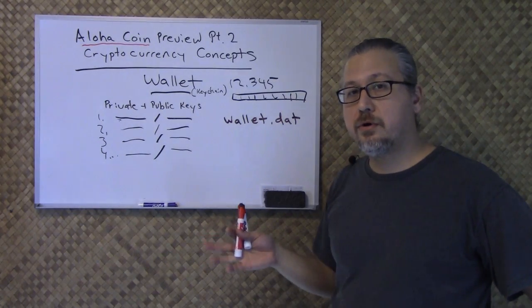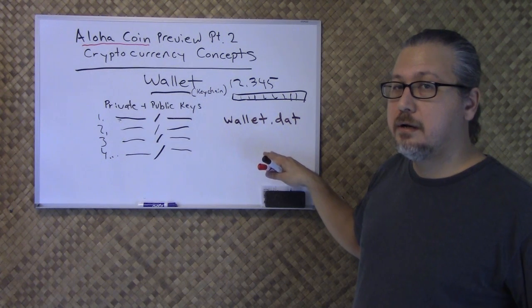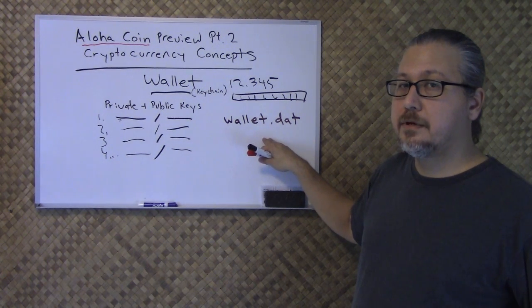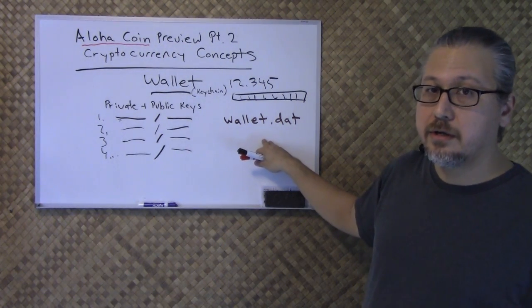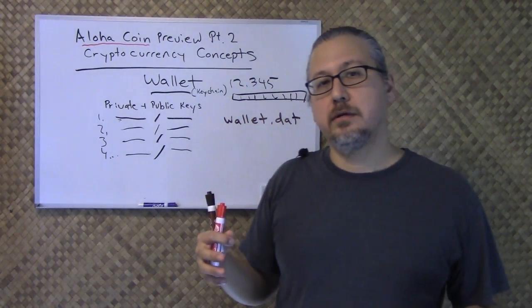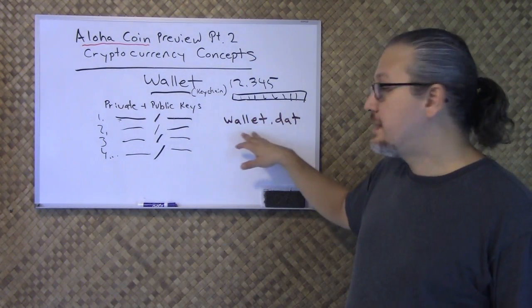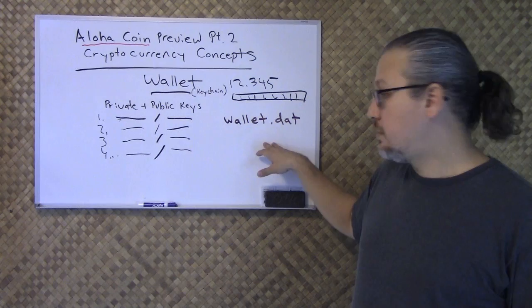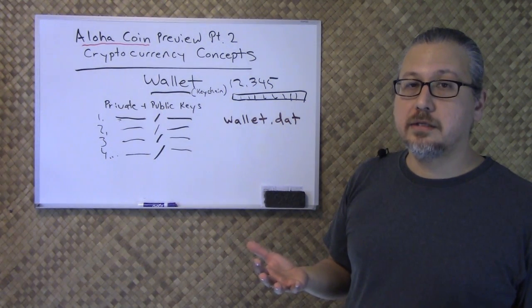Another thing is that if you need to make a backup of your wallet file, whether on another USB drive, there are actually ways you can print it out.